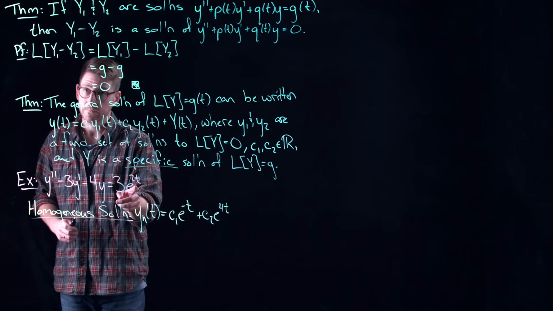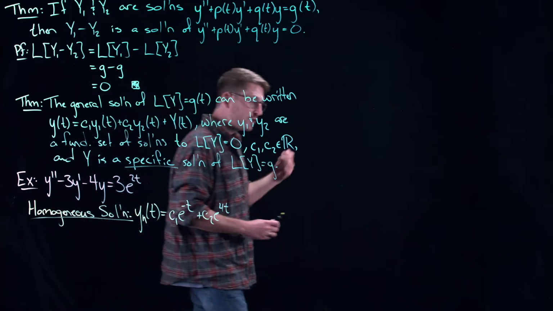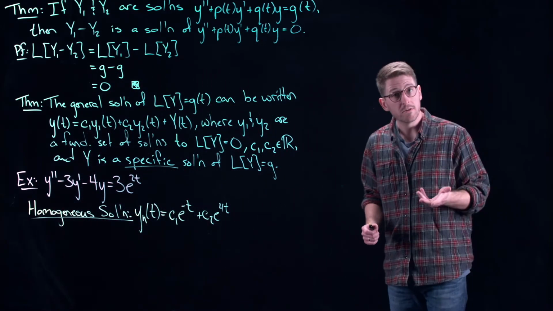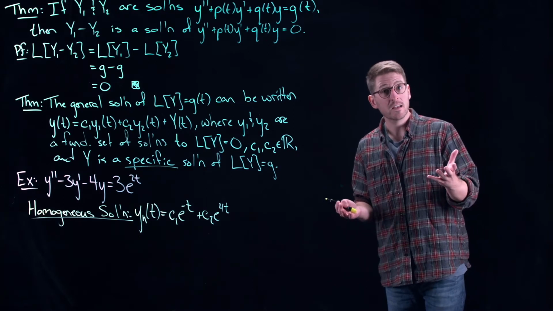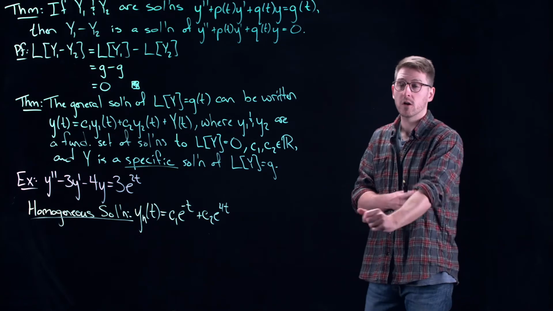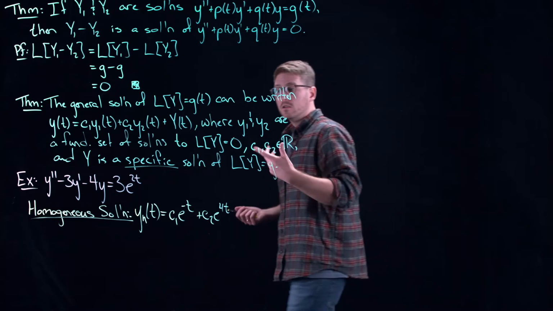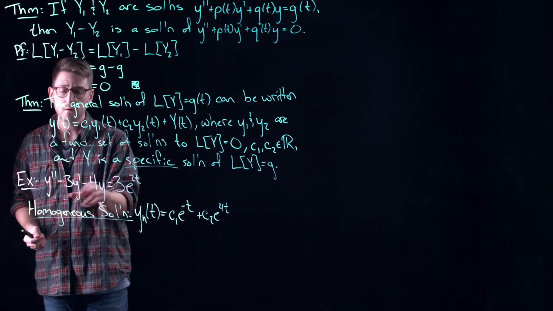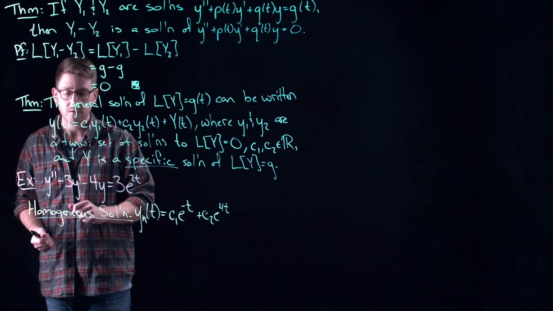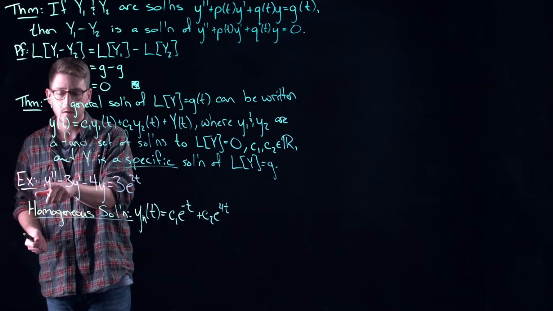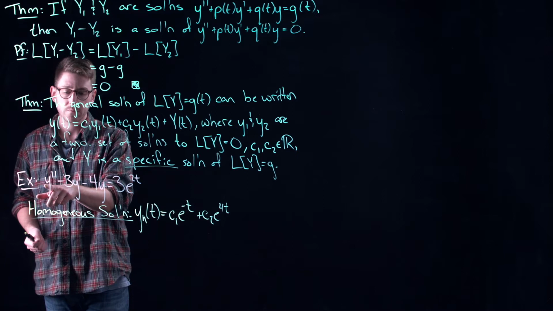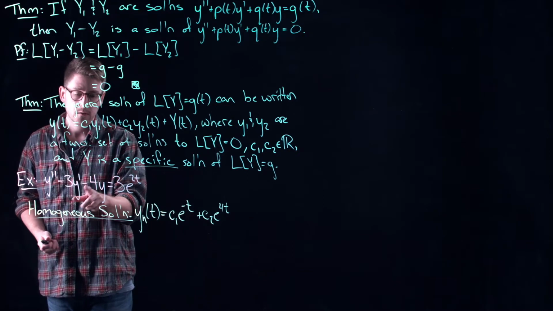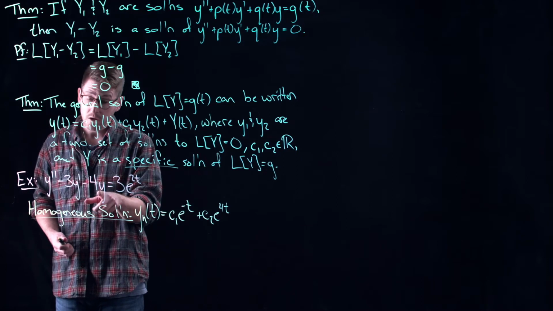to the 2t. Now, exponential functions have a reproducing property, right? Every single time I take a derivative of them, I get exactly the same function back. It might just have a different constant in front of it. So that means that if I put an exponential function into my L, the left-hand side of this equation, I would get a multiple of that exponential function minus 3 times a multiple of the exponential function again, minus 4 times the exponential function.